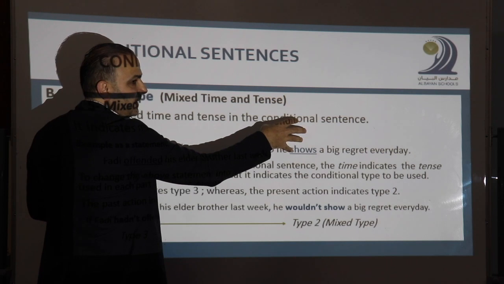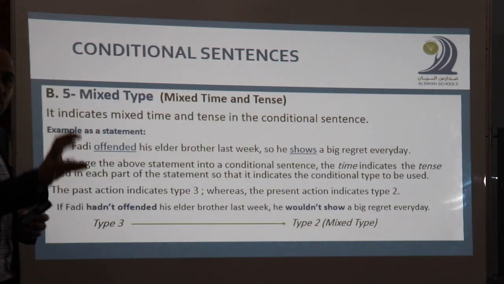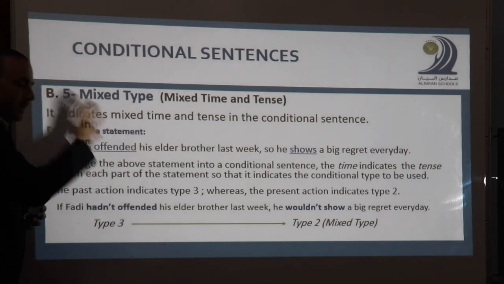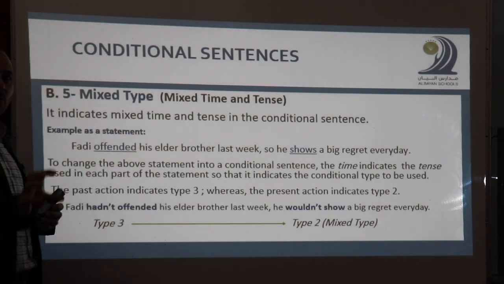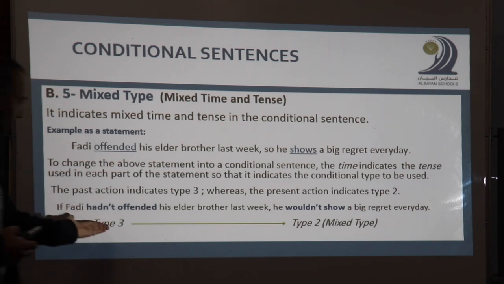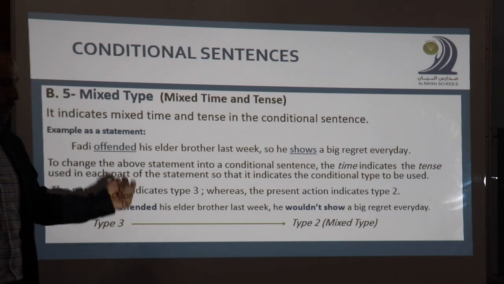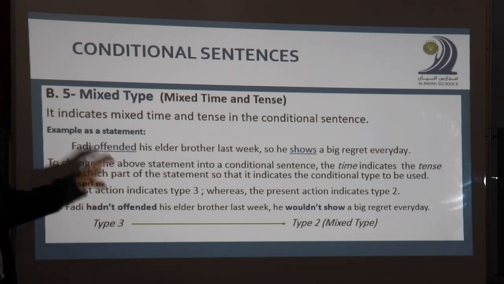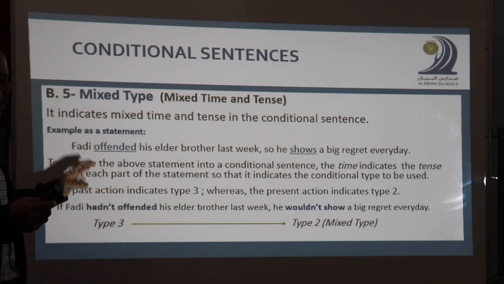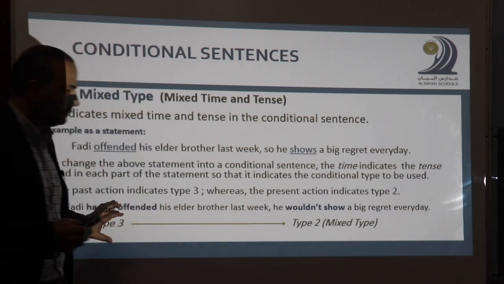The result of unreal present, what is it? Would plus main verb, positive, negative. In this way, we change a statement into a conditional sentence. Okay, so here we have become a mixed type. Look at this mixed type. Type 2, type 3 in the same sentence. We call it what? We have mixed time and mixed tense.